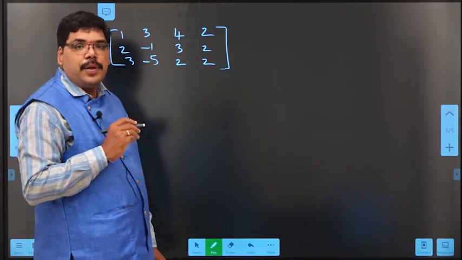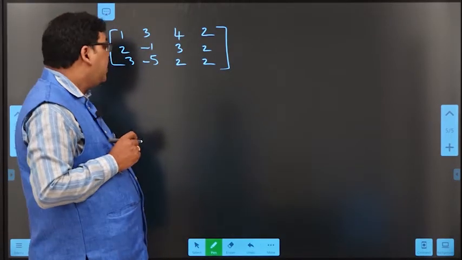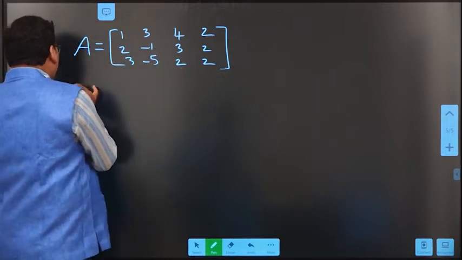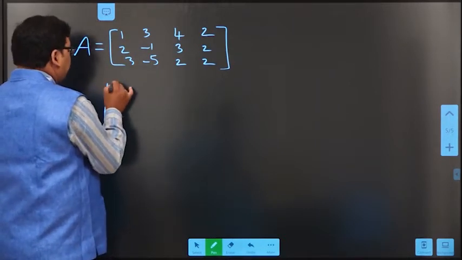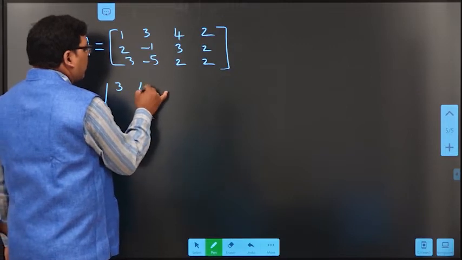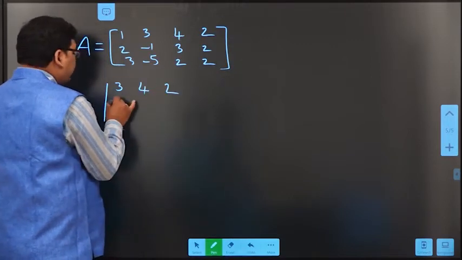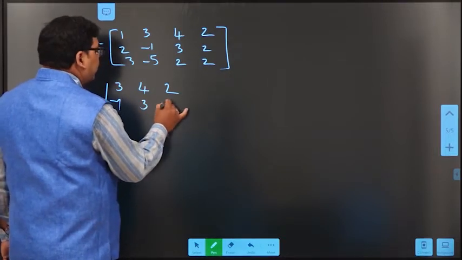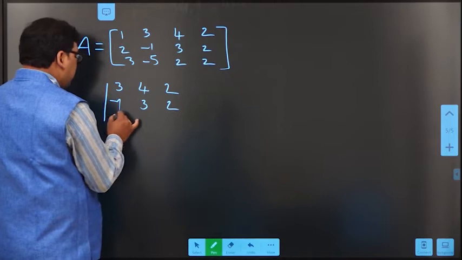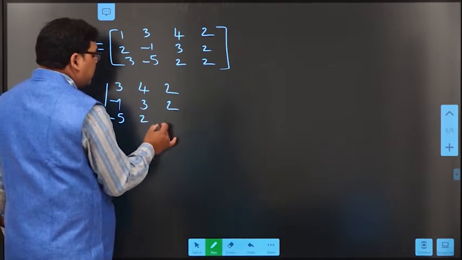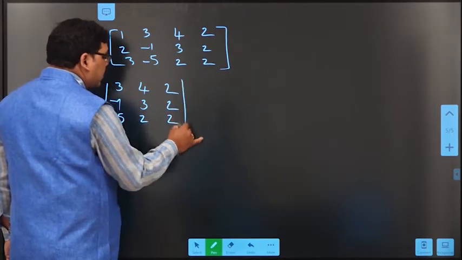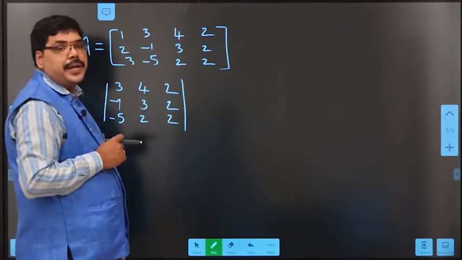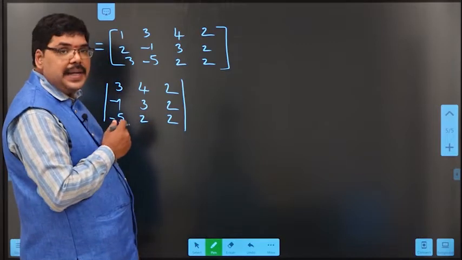This time I want to select a minor of columns 2, 3, 4. Another minor of order 3 by 3 is considered here. So we will find its determinant.